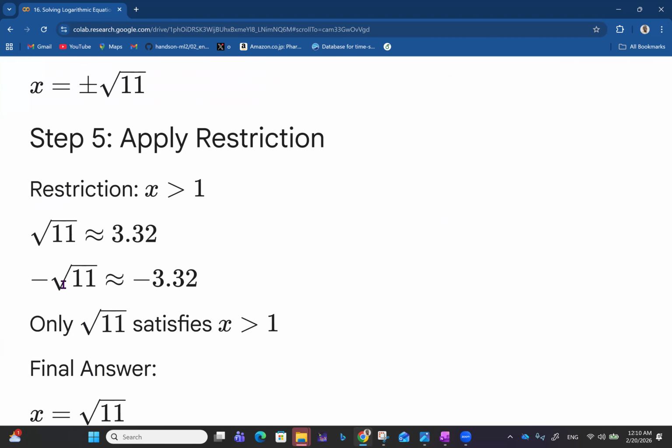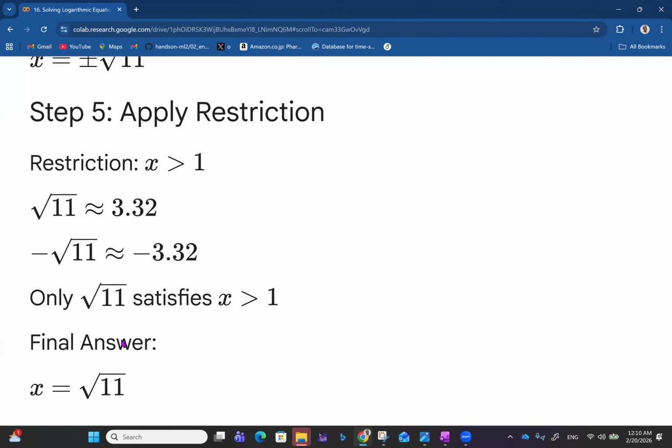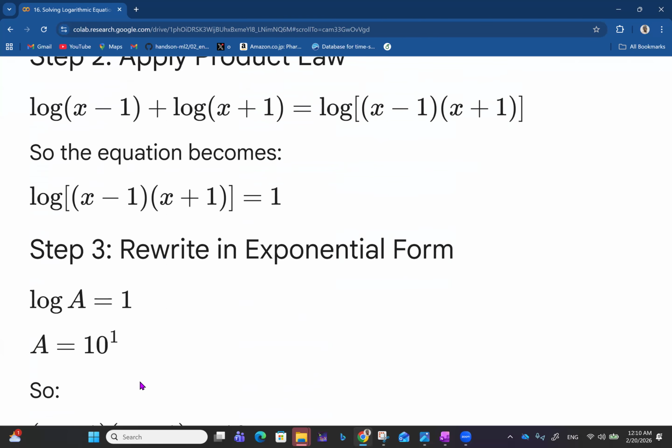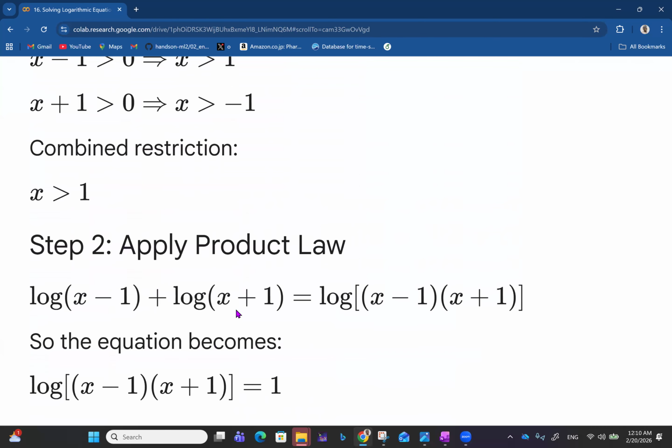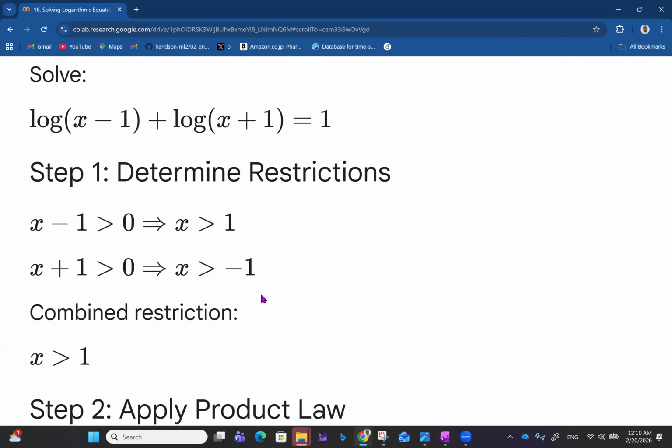But minus root 11, because of the minus, is less than 1. So we have to reject the negative and take the positive. So only square root of 11 satisfies that x is greater than 1, and the final answer is x equals square root of 11. That is the only thing that satisfies this expression right here.